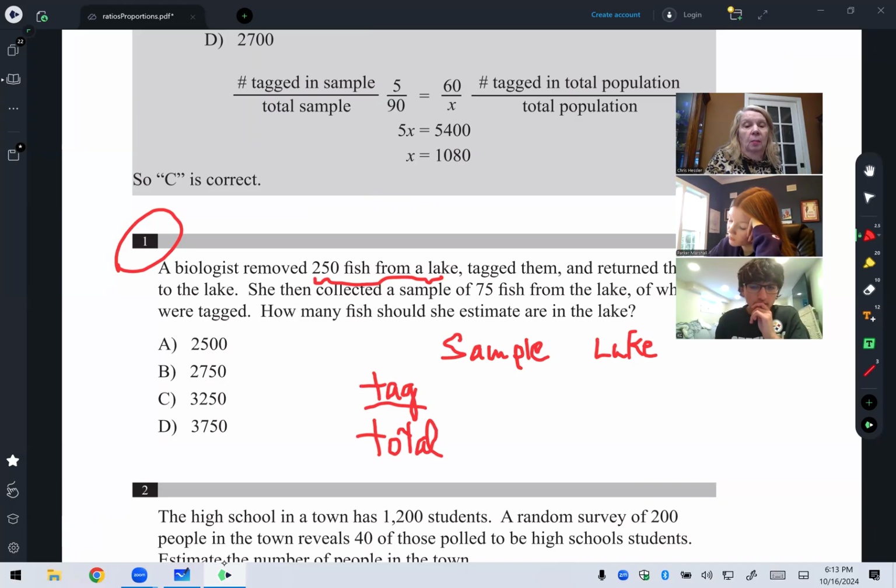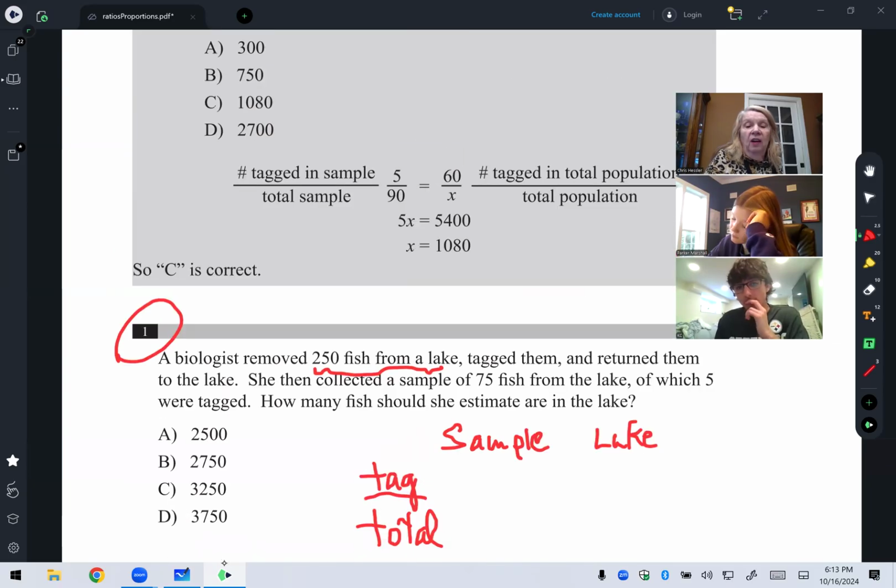So in our little sample, 5 are tagged. So 5 out of 75 fish. And 250 is the total that she took out, right?